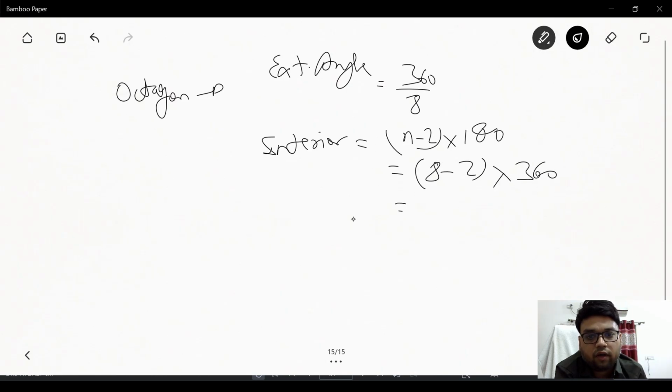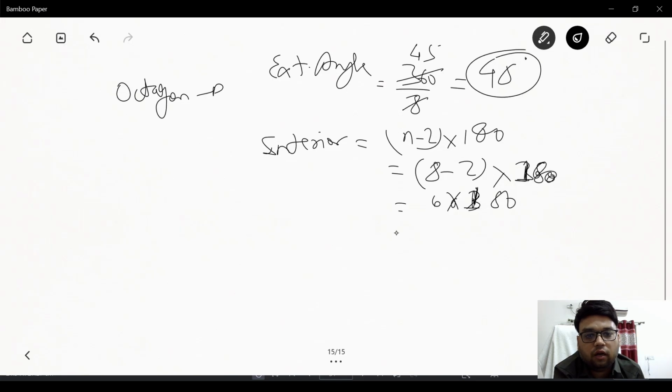This is the sum of interior angles. 6 into 180 degrees. Now, cutting by 4 and 5, we get 45 degrees. This is your exterior angle, and here is the sum of interior angles.